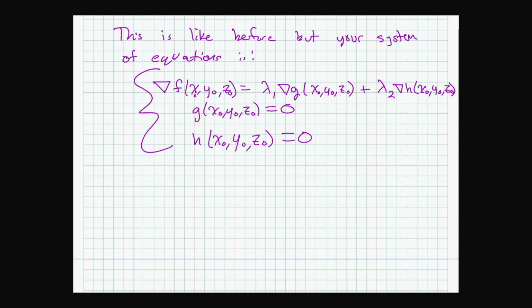So obviously you've got an extra variable, and that means there's an extra equation, and then there are also two separate constraints. So this is 5 equations and 5 variables, which could be quite a bit harder to solve.